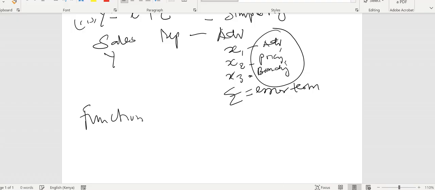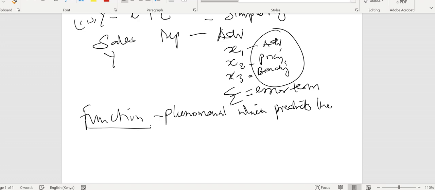A function is a phenomenon which predicts the future state.